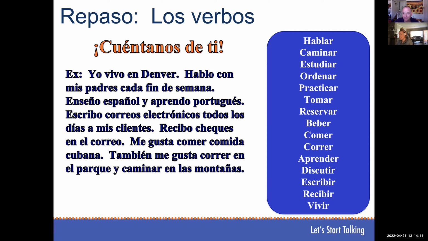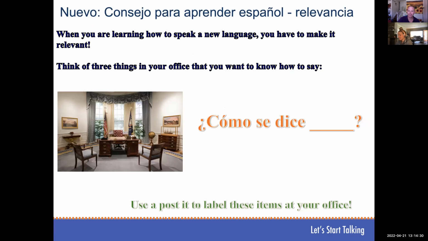Yo camino en las montañas. Yo como las manzanas. Okay, muy bien. I have an apple every day, cada día.